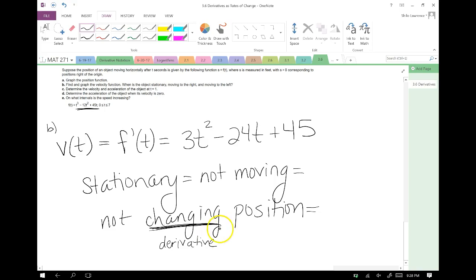That means our derivative of position is 0. That means our velocity function is 0. They're asking us, when does velocity equal 0? The object is stationary when velocity equals 0.